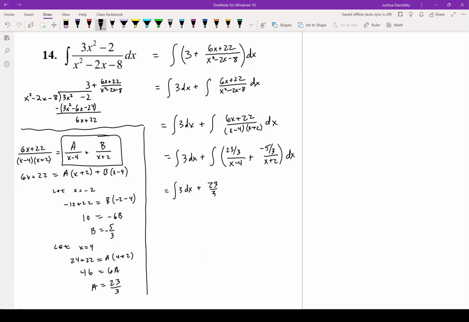So we have the 23 over 3, the integral of 1 over x minus 4 dx. And then we have the minus sign from that 5/3, integral of 1 over x plus 2 dx. Here we have 3x, taking that integral, plus 23 over 3 ln of absolute x minus 4 minus 5 over 3 ln of x plus 2 plus c.